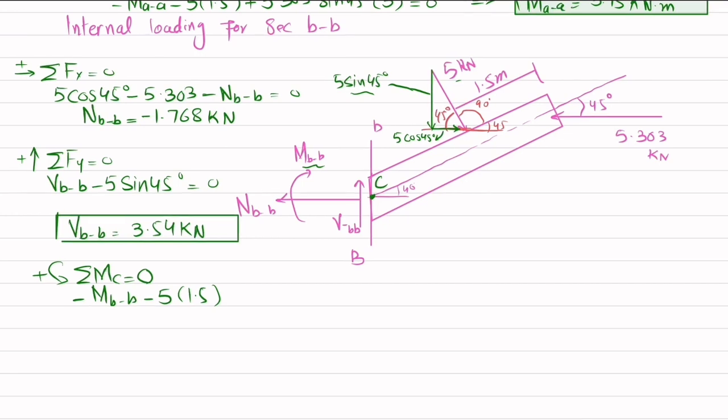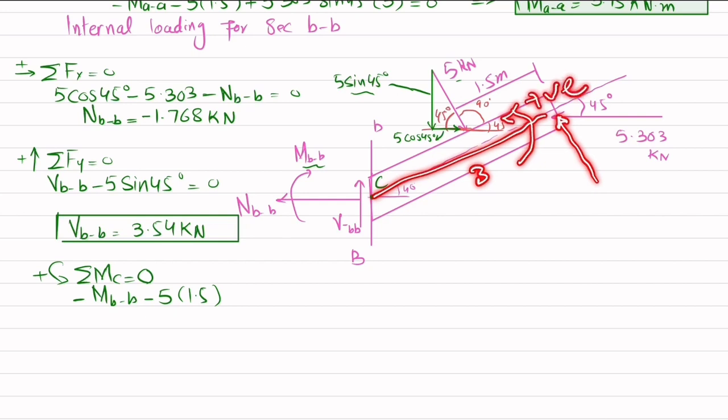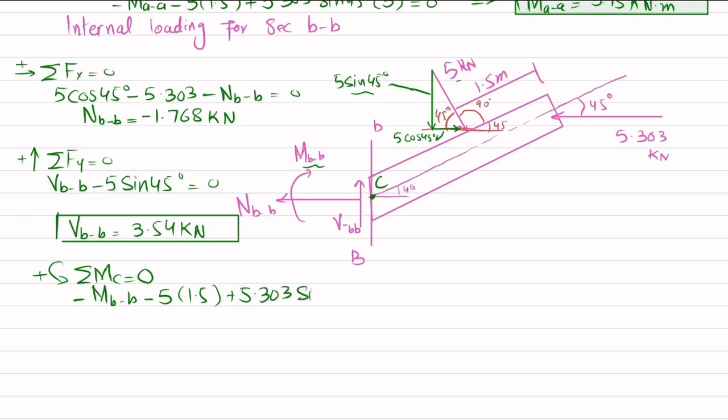And the third moment that is produced is by the vertical component of this force, which is 5.303 into sine of 45, and the perpendicular distance is 3, and this is producing counterclockwise moment, so it will be positive. So I will write plus 5.303 into sine of 45 degree into perpendicular distance 3 is equal to 0.